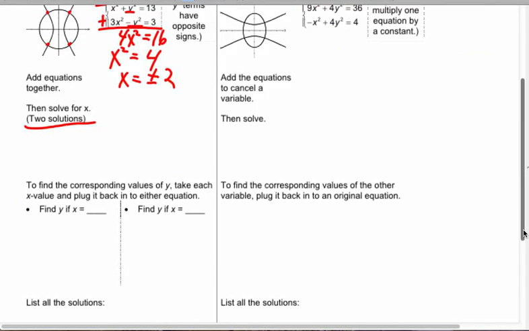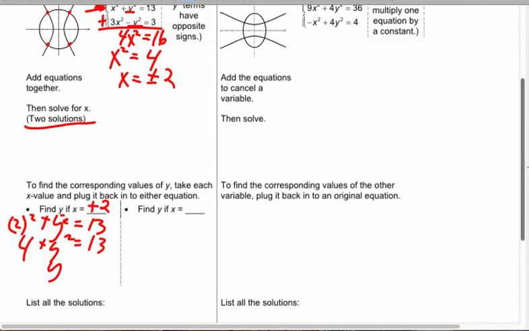So now we need to plug them back in to one of these equations, and I'm going to pick the one that's going to be easiest, which obviously is this one. So I'm going to find y when x is my positive 2. So I'm going to plug it in. I'm going to end up with 2 squared plus y squared equals 13, or 4 plus y squared equals 13.